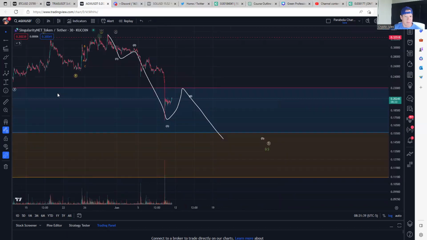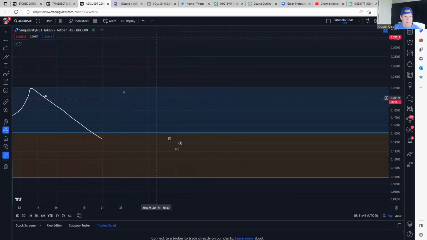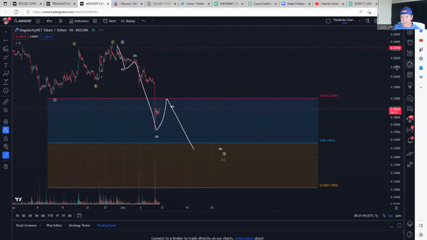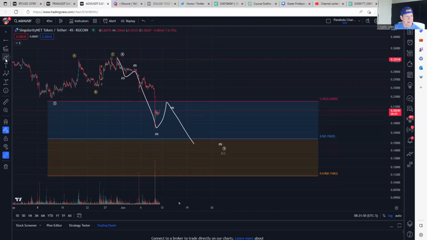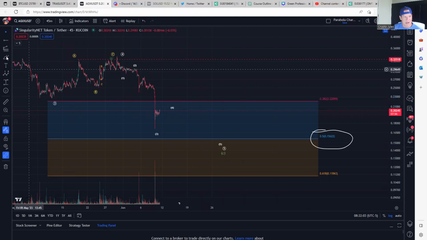Ultimately, where I would like to see that go would be at least to this 50% retracement level here, which is about 15.5 cents. So that's where I would like to see us retrace to at minimum.